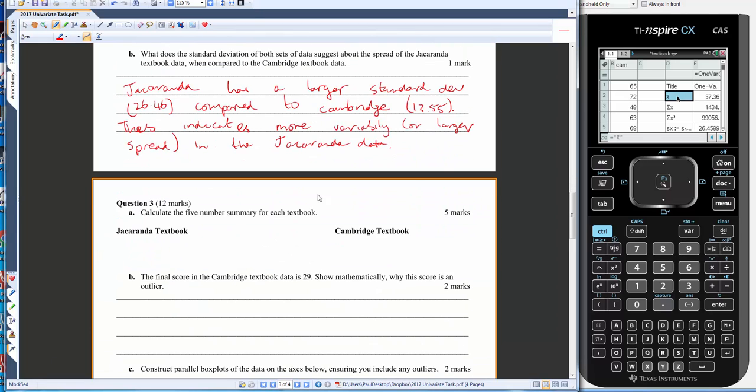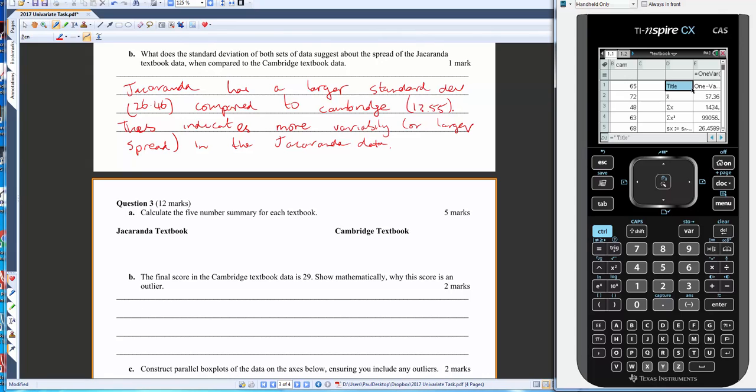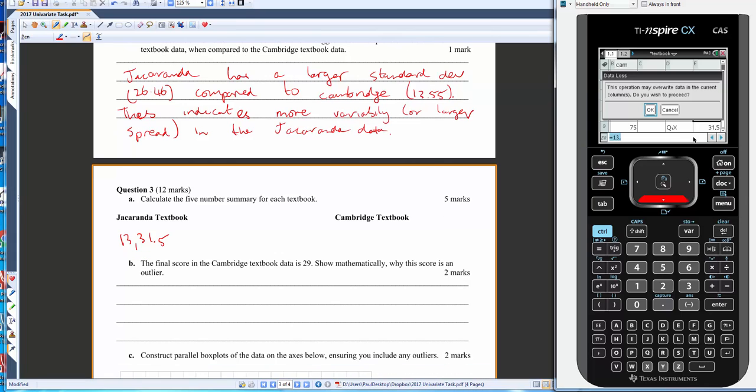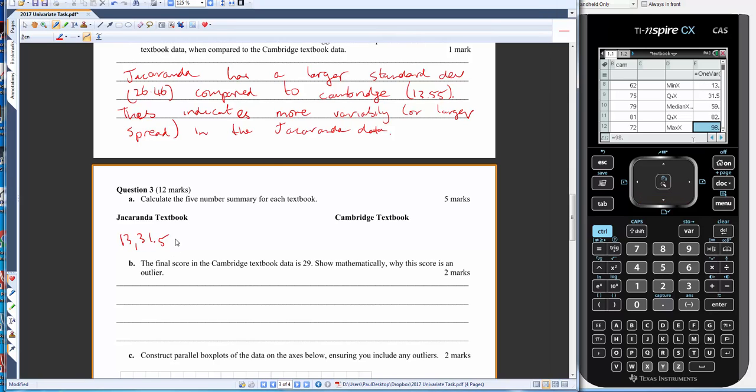Okay, so now we want the 5-number summary for each textbook, so let's just get it. Now the last one I did, this was the Jacaranda data, so I'm just going to go down and write the 5-number summary. So it's 13, 31.5, 59, 82 and 98.